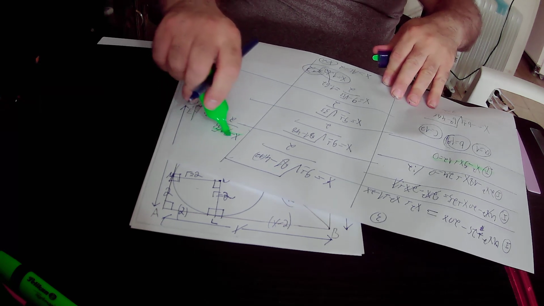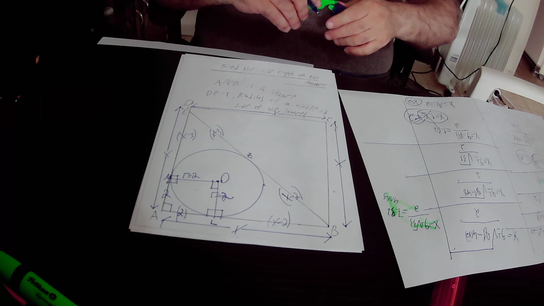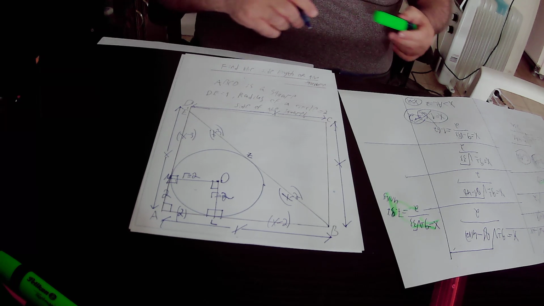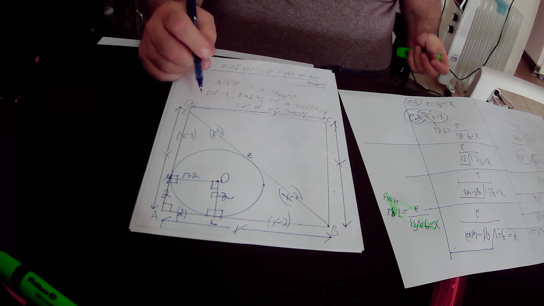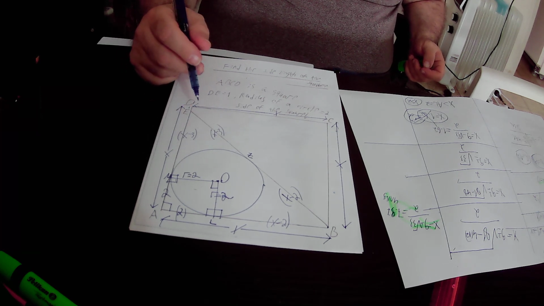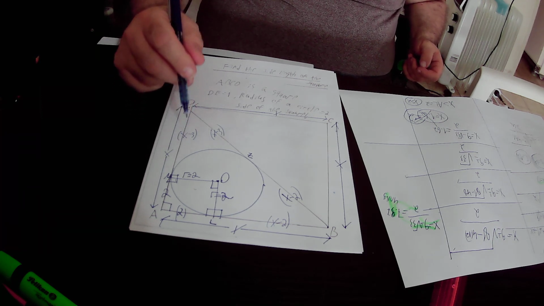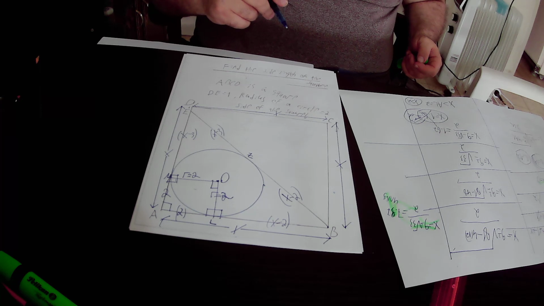Okay, so I'll repeat again. The answer to the question is that the side length of square ABCD is equal to 9 plus square root of 33 over 2 units, or in terms of numbers, it is equal to 7.37 units.